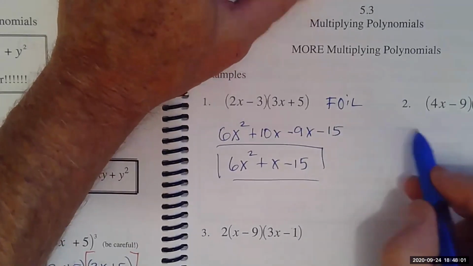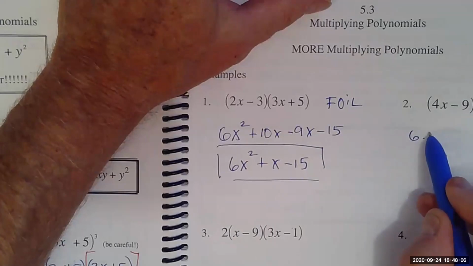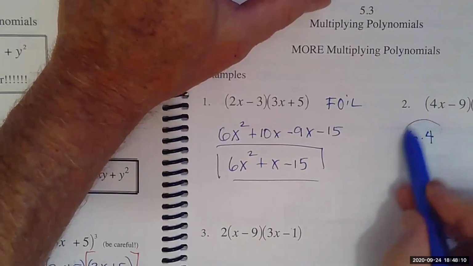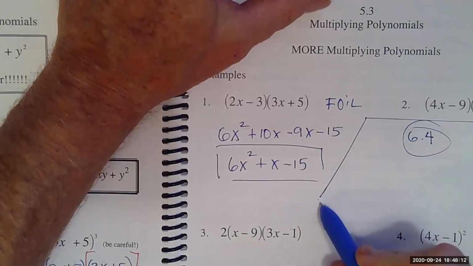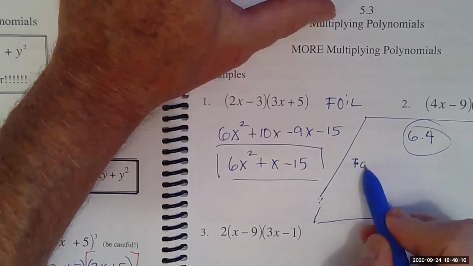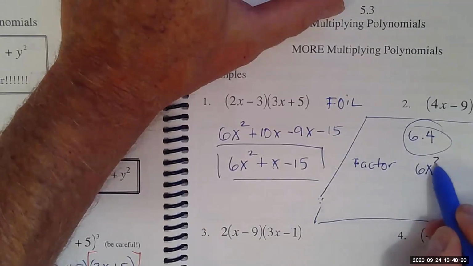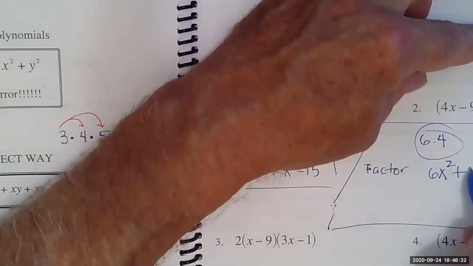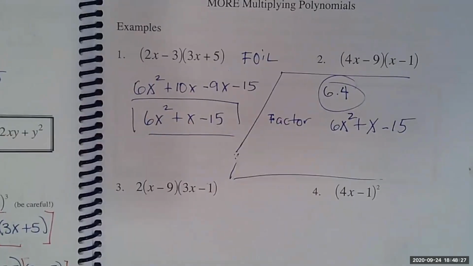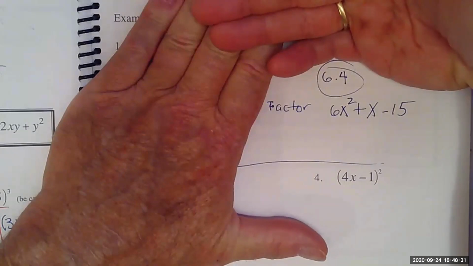Now in 6.4, we're not there yet, your problem will say factor 6x squared plus x subtract 15. It'll say factor that thing. So it won't look like this.